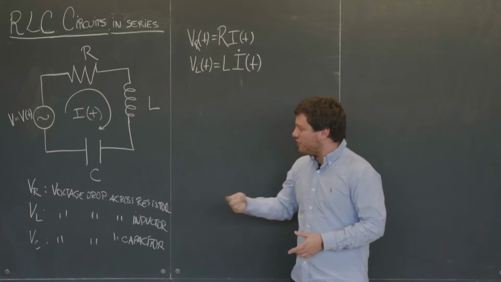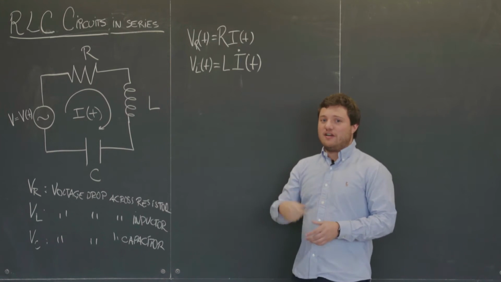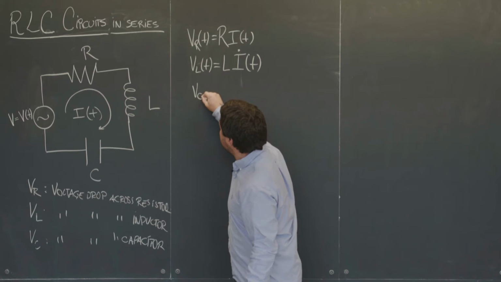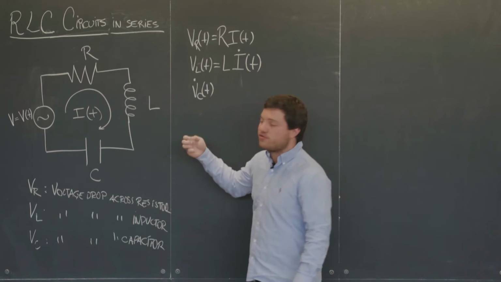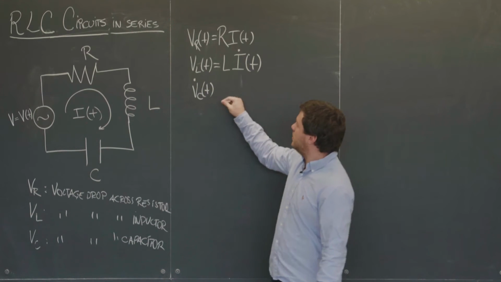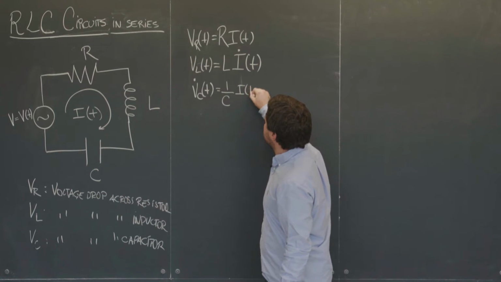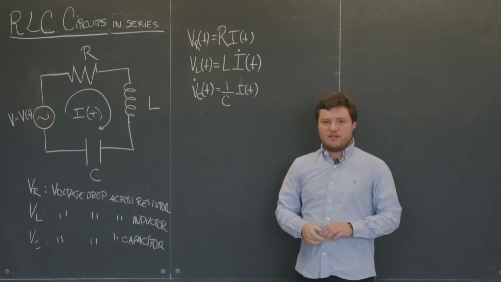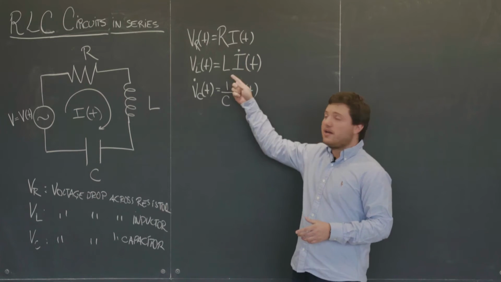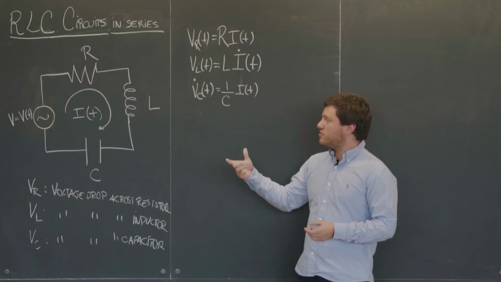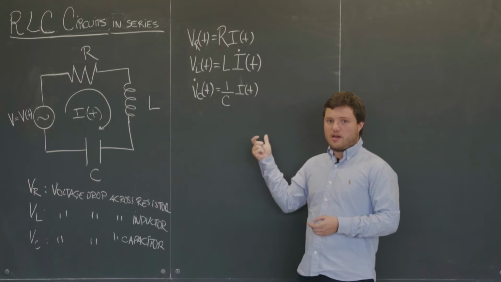And finally, for the voltage drop across the capacitor, the law is slightly different. We have a relation between the time derivative of the voltage drop across the capacitor, and that is equal to 1 over C times the current. So note that R, L, and C are all constants, so these are linear relations between voltage drop and current.